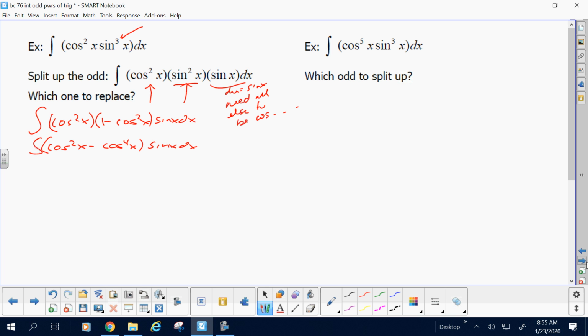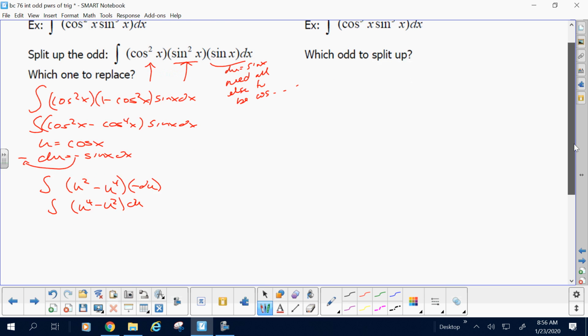Okay. U is? Cosine. Du is? Negative sine. Obviously that negative requires some degree of care. So the integral becomes u squared minus u to the 4th, but times the negative du. And so if you did a little switch of the signs, it's more like u to the 4th minus u squared du.